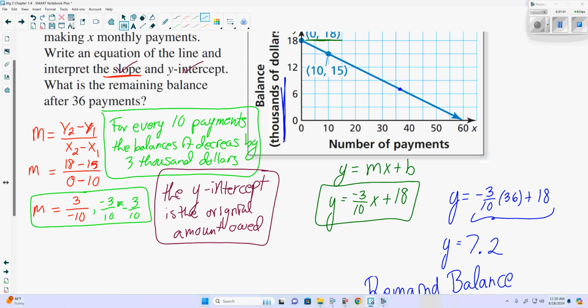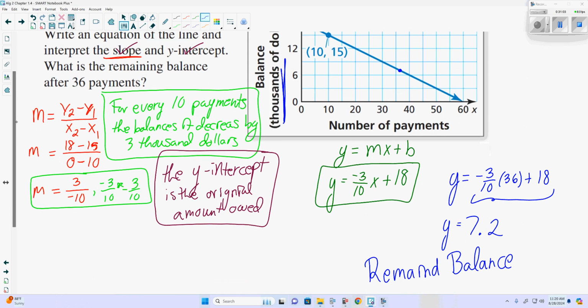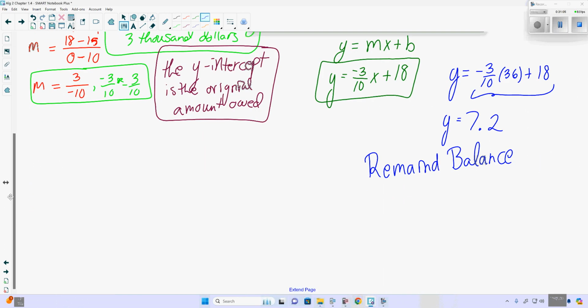What's the balance in? Thousands of dollars, yes? So it's not $7.20, it is $7,200. So the remaining balance is $7,200. Big difference there. Yeah, because if it was $7.20, you just pay it off.